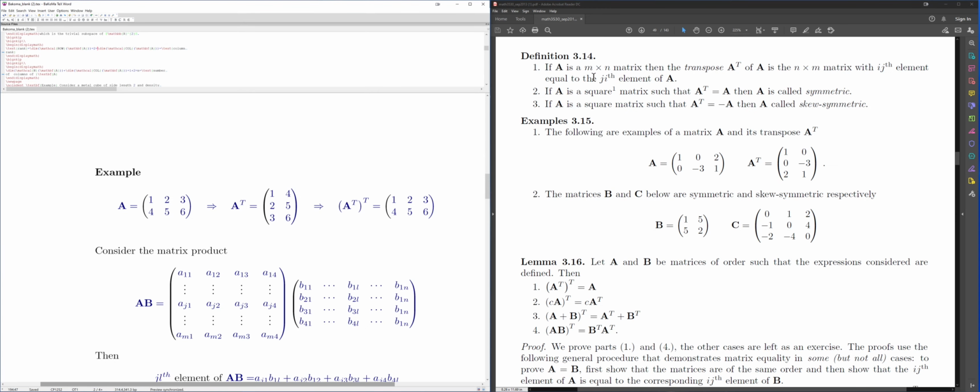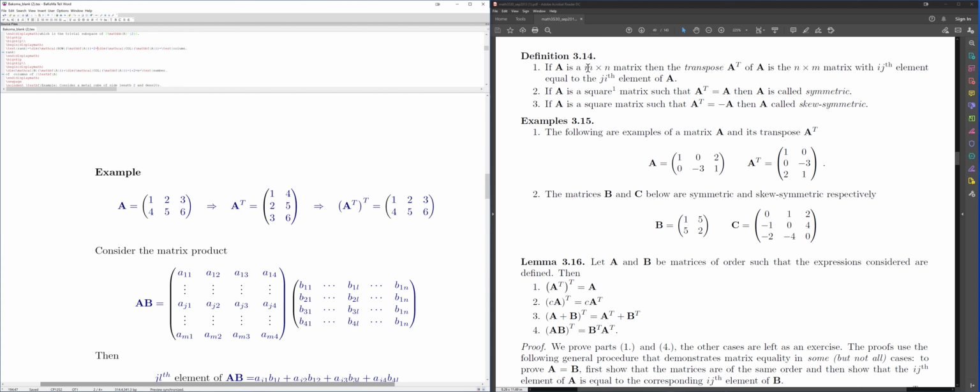Let's go back to the transpose of a matrix because I want to prove a couple of these statements. Recall how you get the transpose of a matrix. If you have a matrix that is m by n, then the size of the transpose is now going to be n by m.